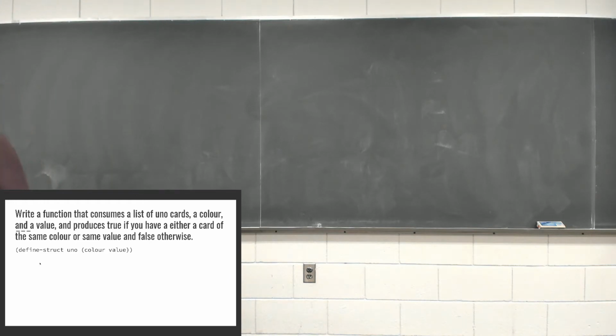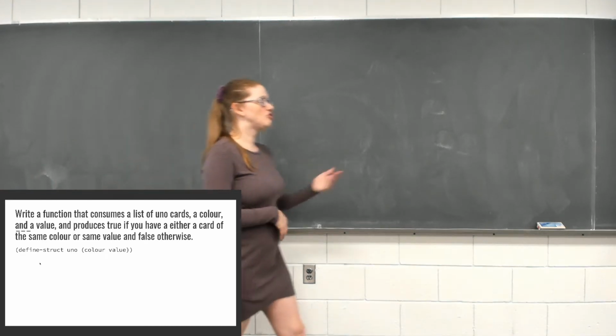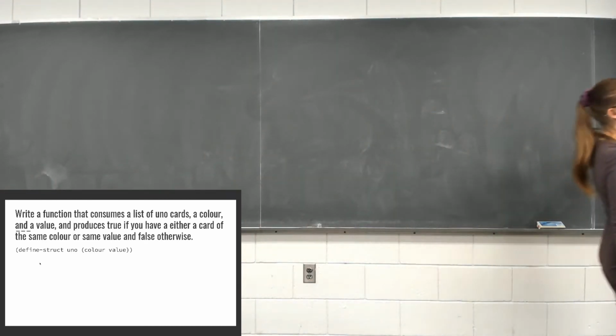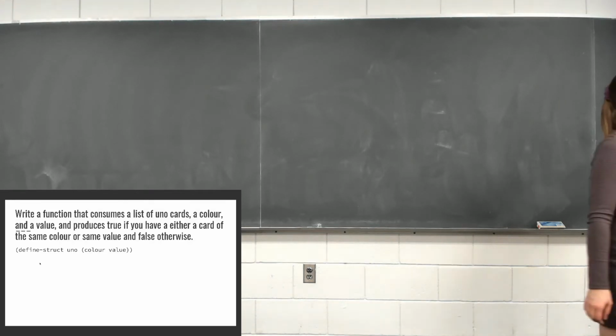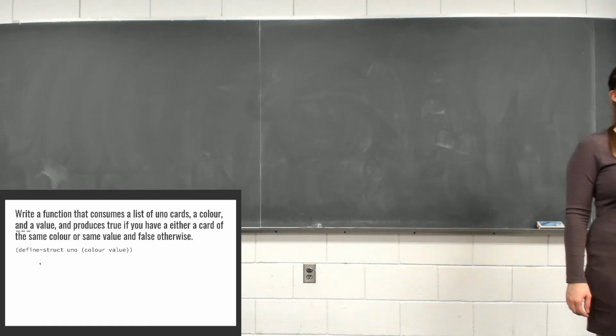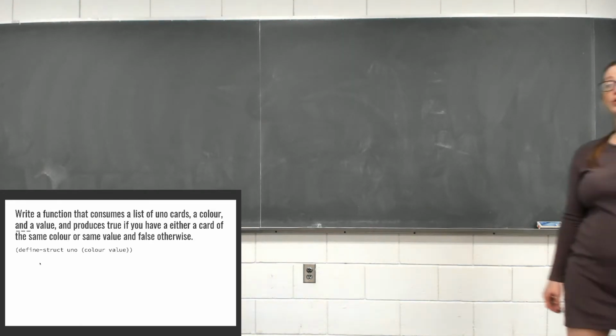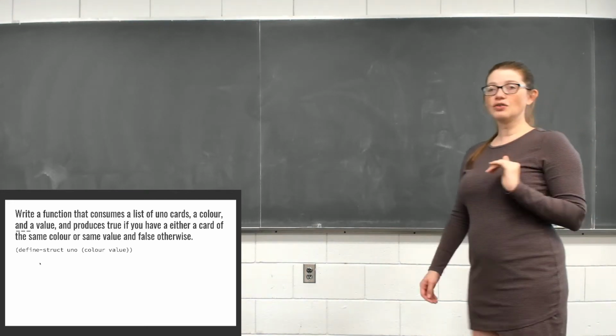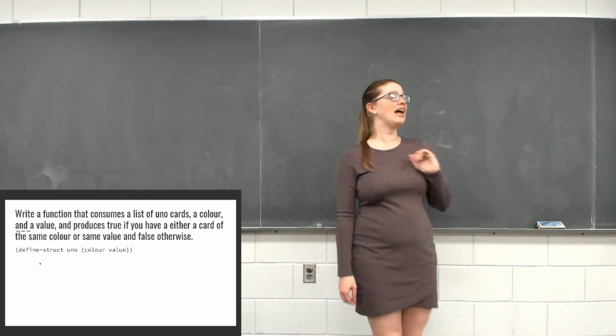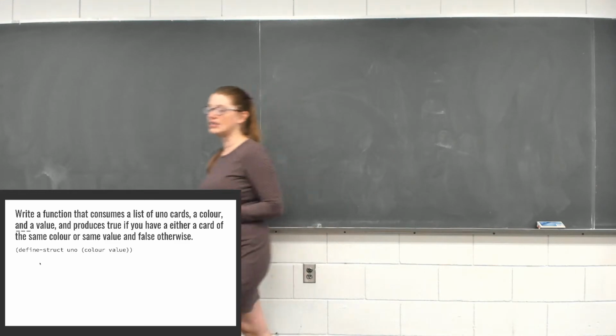Now, let's actually give this a test. Before we do that, I don't like to do structure or list definitions down here in the interactions window. I actually prefer to define constants to do my tests with. And you are totally allowed to create constants in your code for testing purposes. I highly recommend it. It'll make tests a lot easier to write.